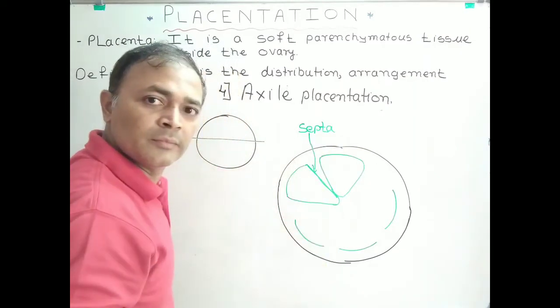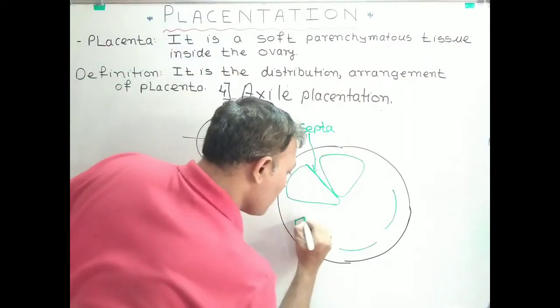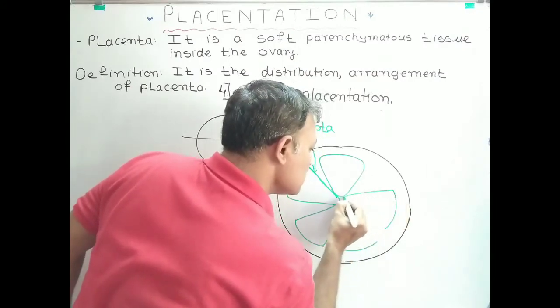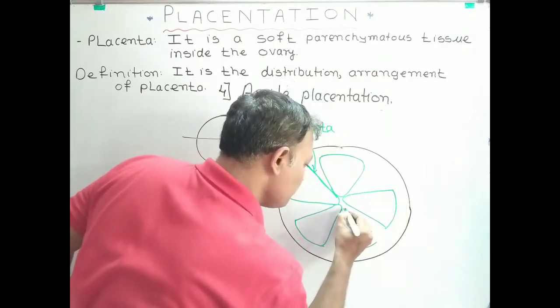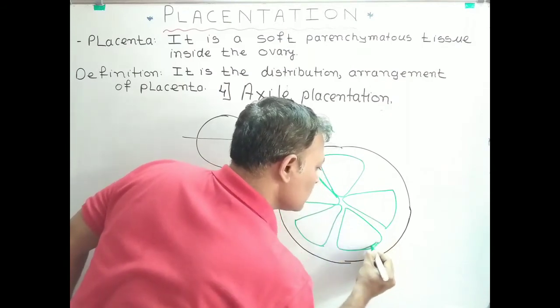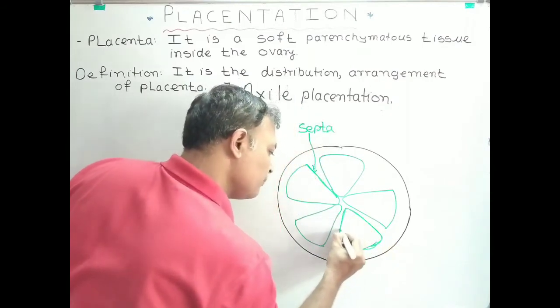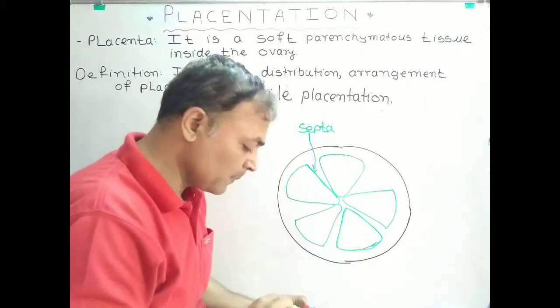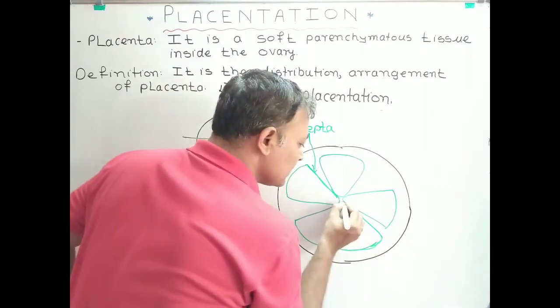Okay. Again a septa of this locule. Septa of this locule. The septa of this locule. At the center, there is a placenta.